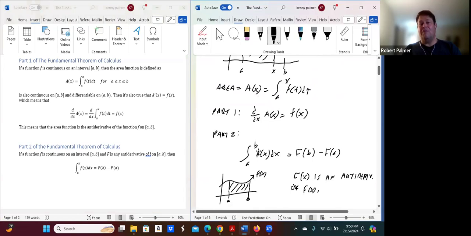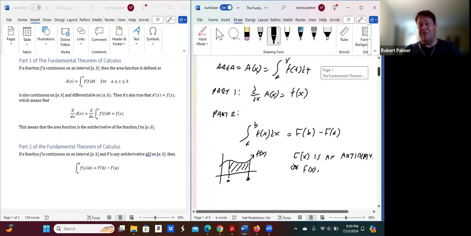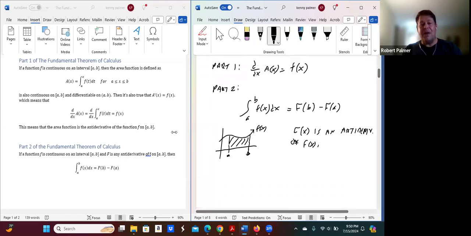Or if we have the integral of some function f of x from a to b, then we can actually find the area under that curve by finding the antiderivative, evaluating it at the endpoints. Okay, so with seeing that, let's practice with this.